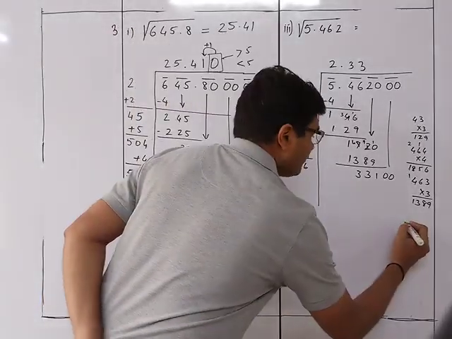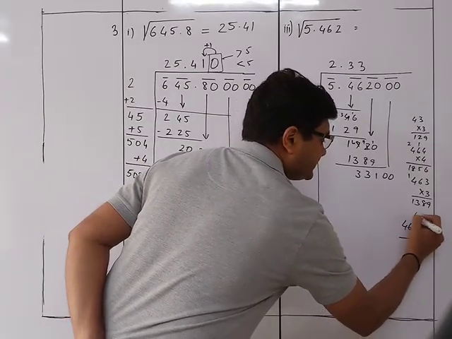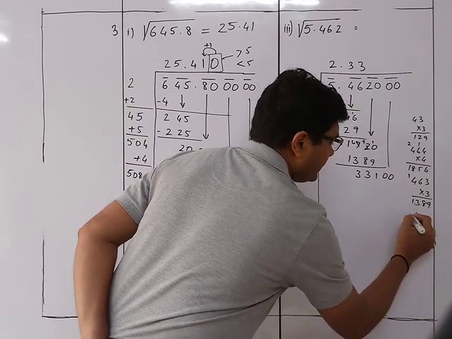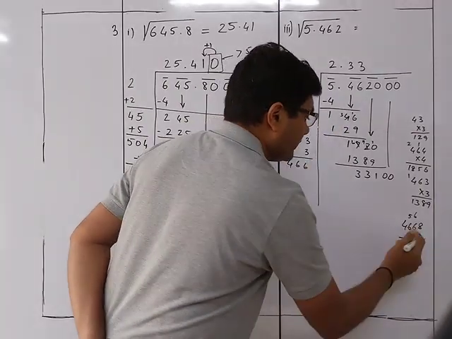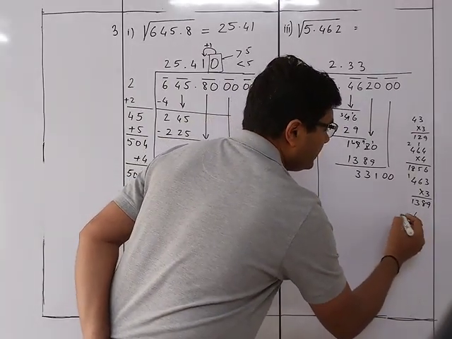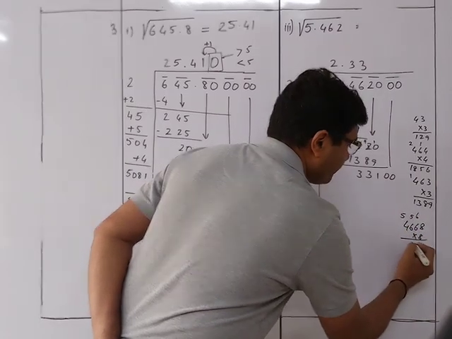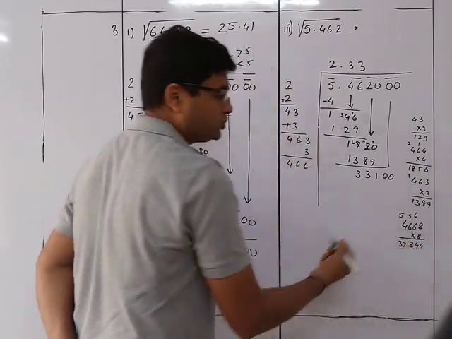So that will be 4668 into 8. 8 4s are 32, 8 6s are 48 plus 4 is 52, and again 48 plus 5 is 53, and then 32 plus 5, 37. So again, it's too big a number.